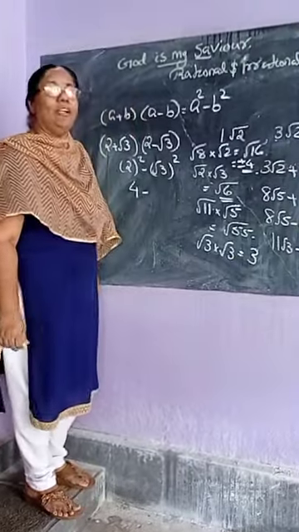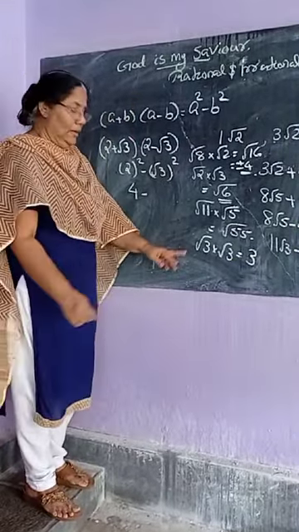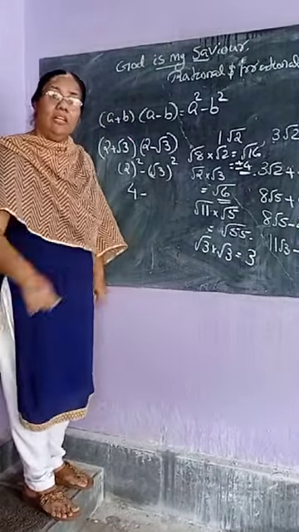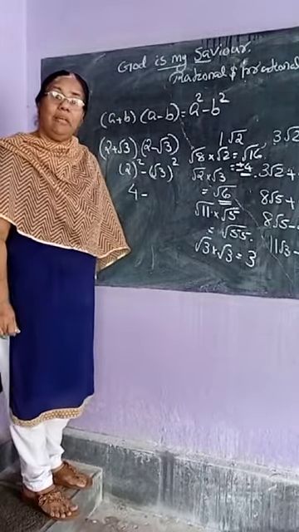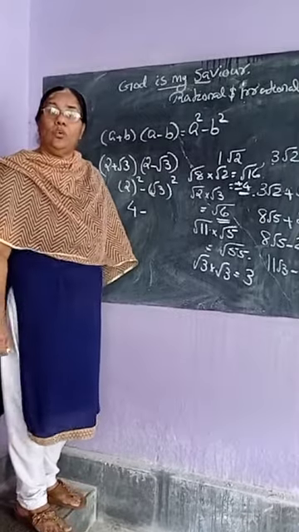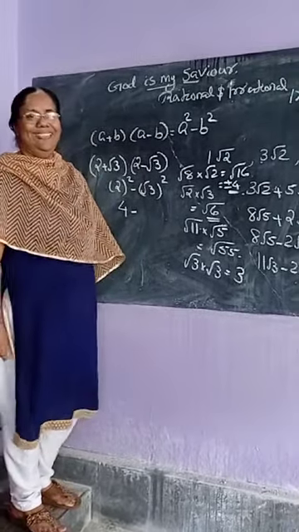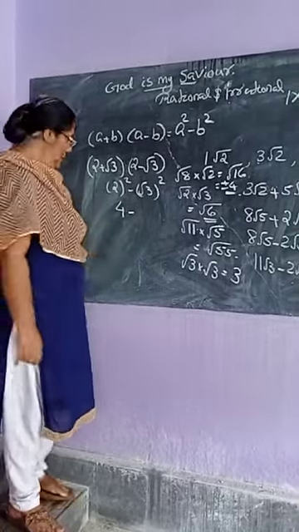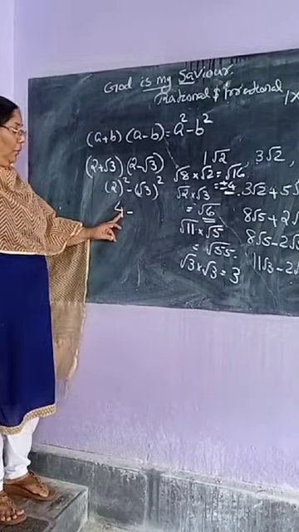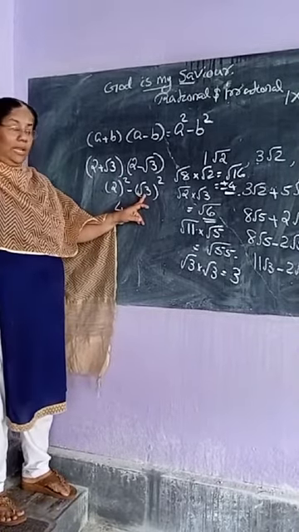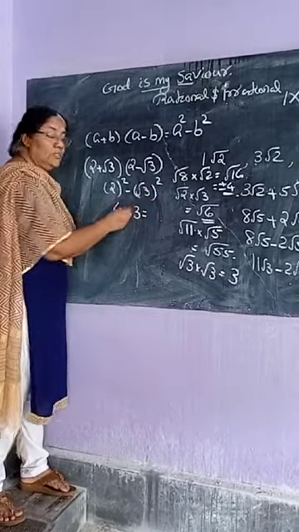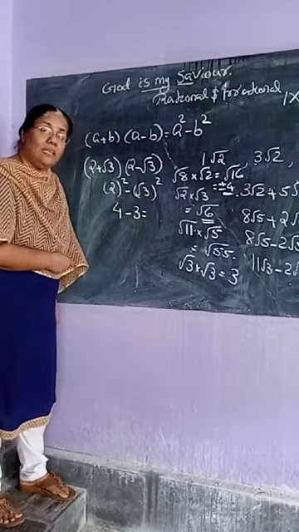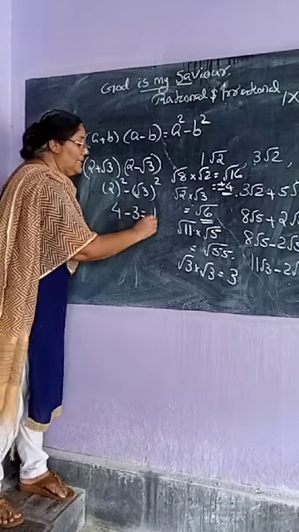Actually root 9, what is root 9? 3. Then root 5 into root 5 is 5. Root 7 into root 7 is 7. Root 8 into root 8 is 8. Now, 2 square is 4 minus root 3 into root 3, that is root 3 square, that is 3. Then what is 4 minus 3? Yes, 1.